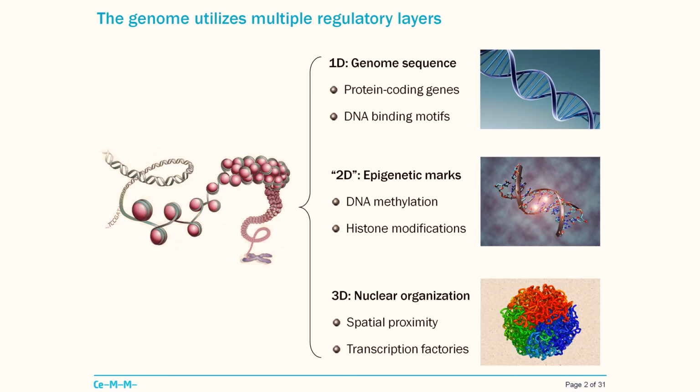So of course the genome is not just DNA methylation. On the one-dimensional level, there are the protein coding genes, DNA binding motifs, and everything that's encoded in the DNA. There's also the epigenome.